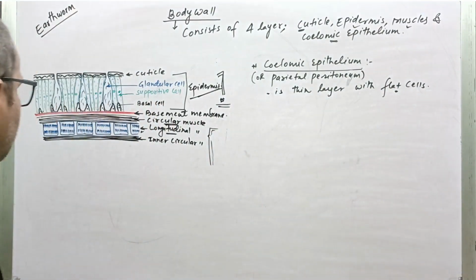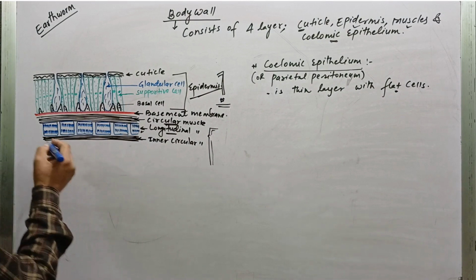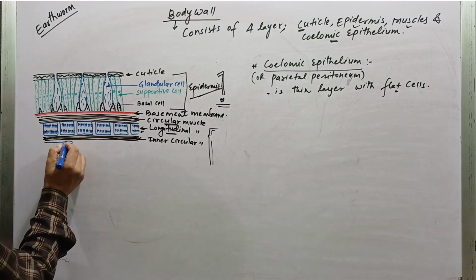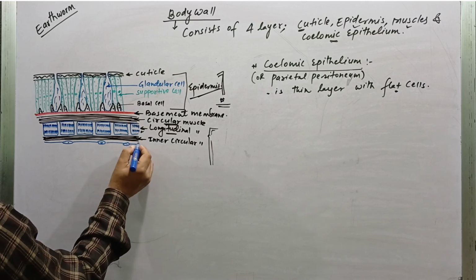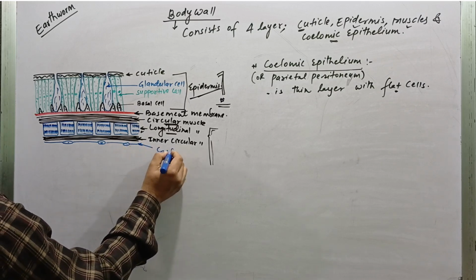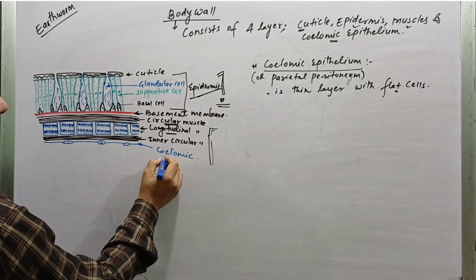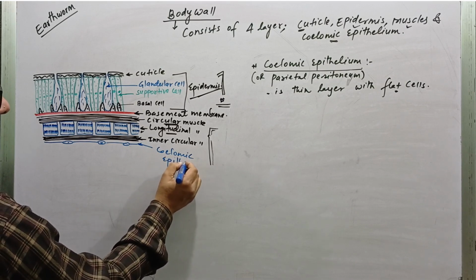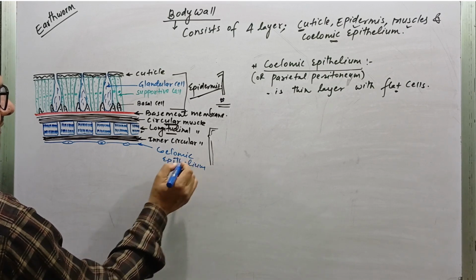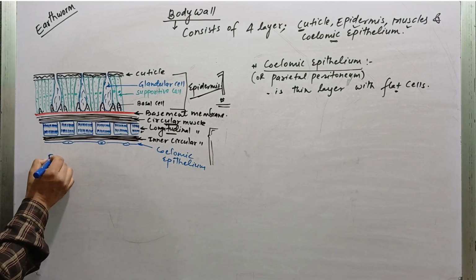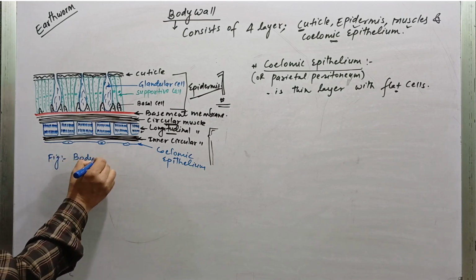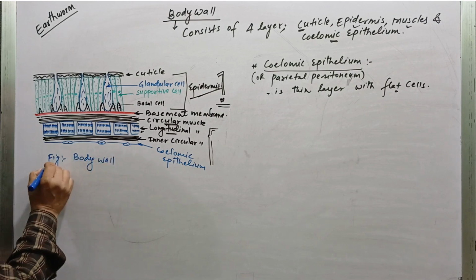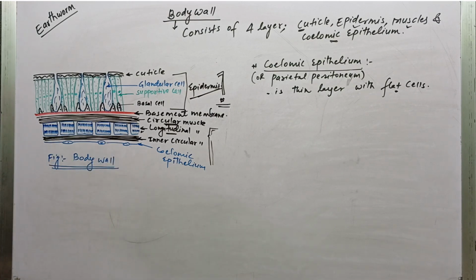Let me make it here. This is the coelomic epithelium. So this is the figure of the body wall, the structure of the body wall.